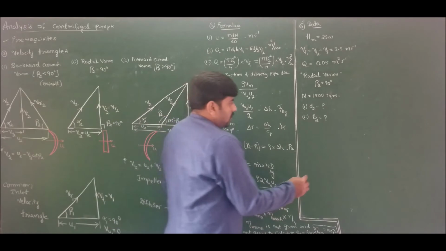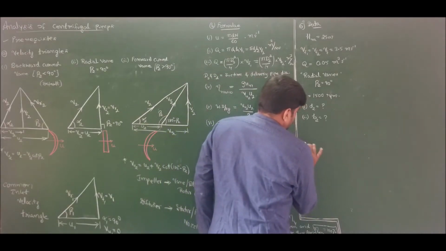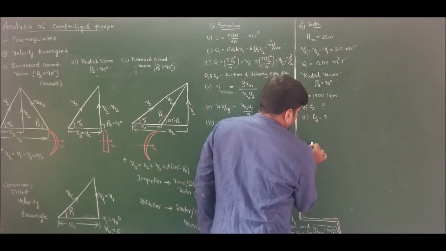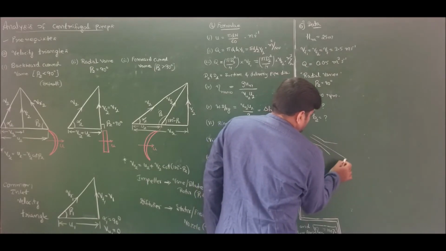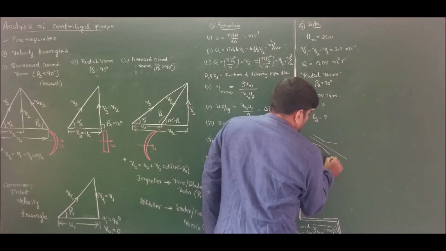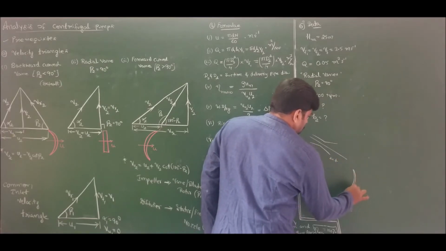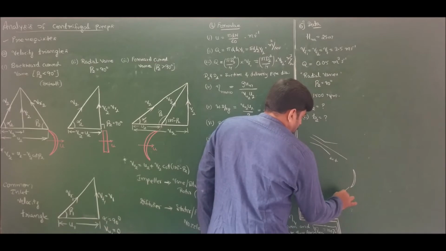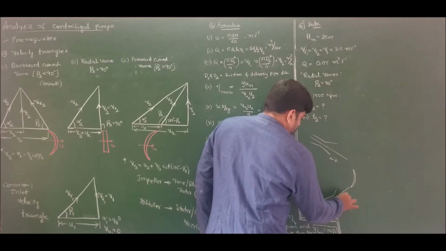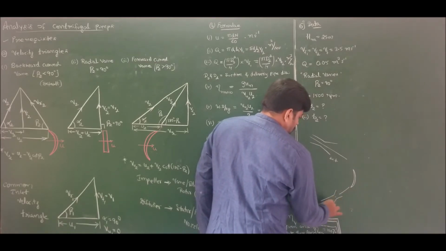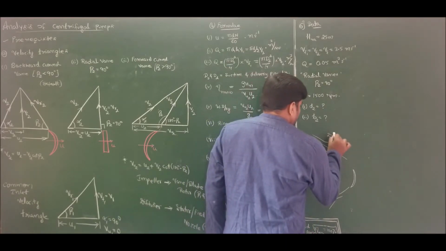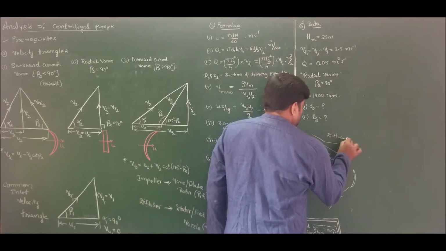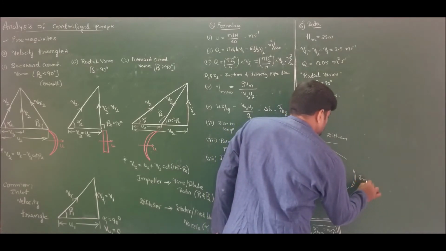So if I recall the terminology, we have, let us say, a starter like this. So the exit of the starter is the inlet for the blade. After discharge, it will move to the next set of rows. So here we have the diffuser, here you have the impeller.